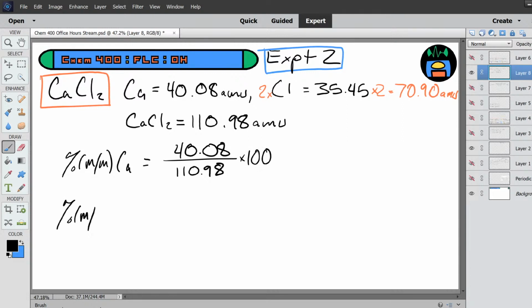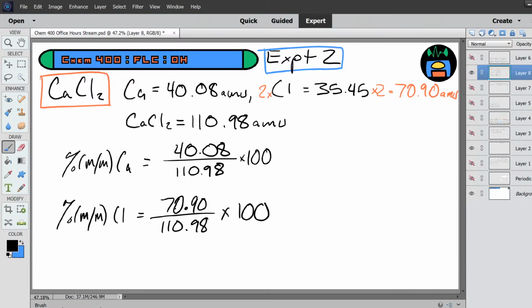Percent mass for chlorine will be 70.90 over 110.98 times 100.